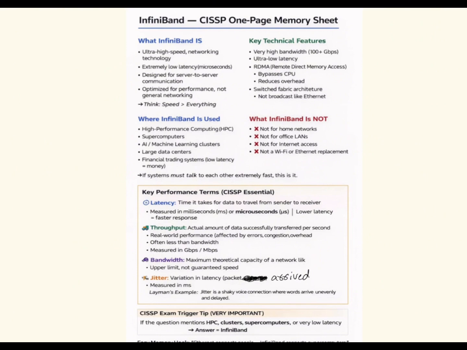InfiniBand defines physical layer, data link layer, transport layer, switching fabric, flow controls. Ethernet is for general networking, but InfiniBand is for high performance computing.